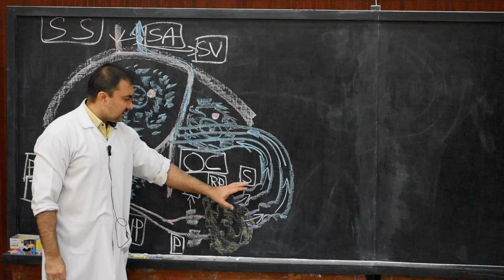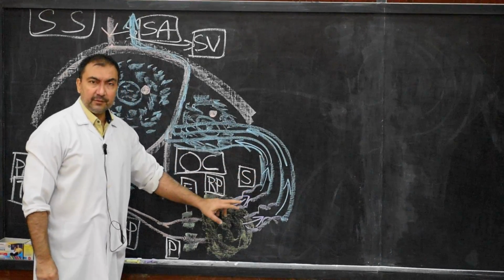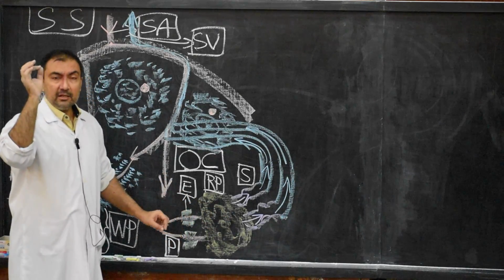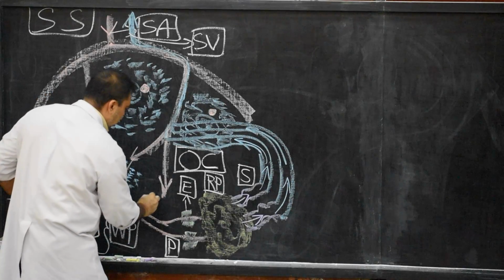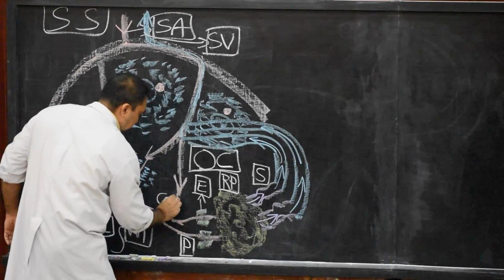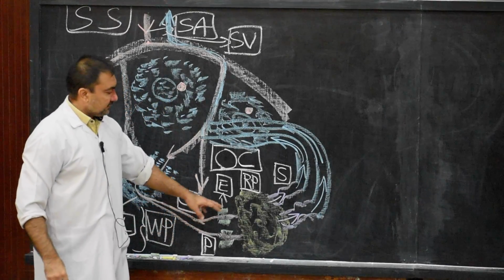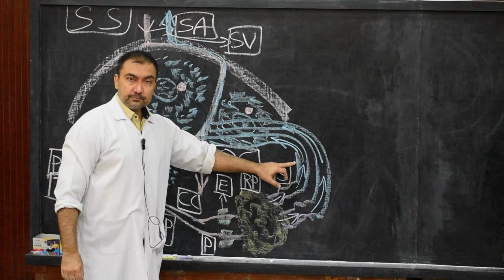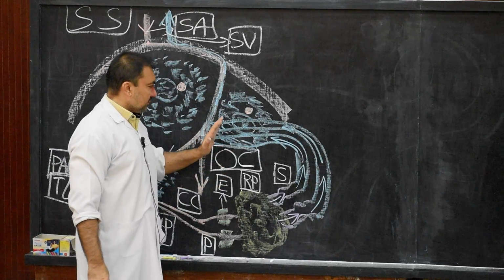They will directly enter through smaller sinusoids into the venules, avoiding the red pulp totally. That type of circulation is called closed circulation. These are the two varieties of circulation which you need to understand in the spleen.